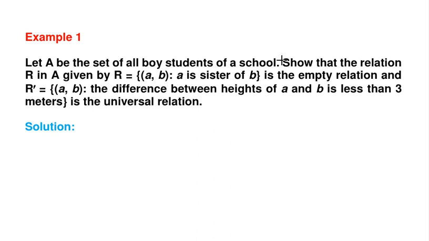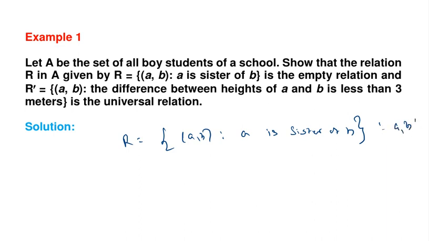In the school only boy students are there. On that set of boy students we are going to construct a relation R in the set A, given by: the ordered pair A comma B, where A is sister of B. This is definitely not possible because both A comma B are boys.